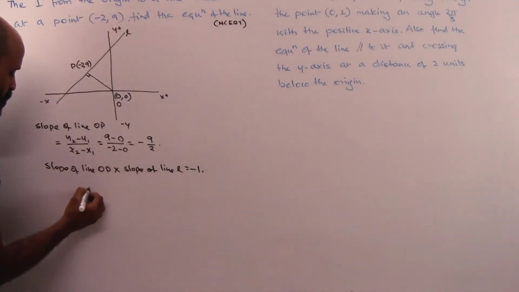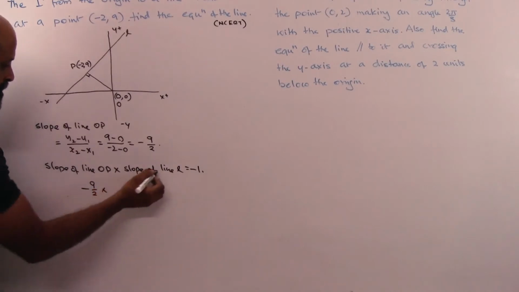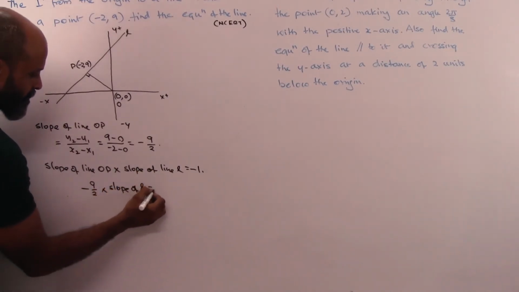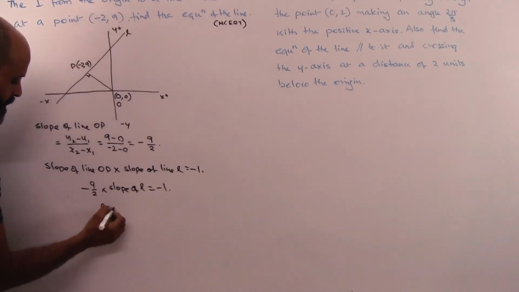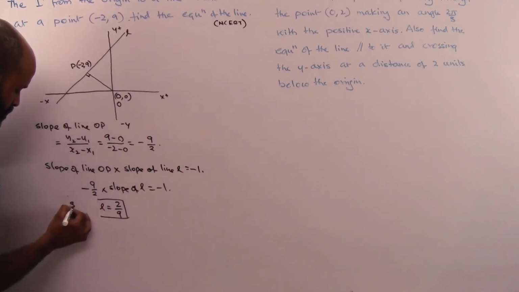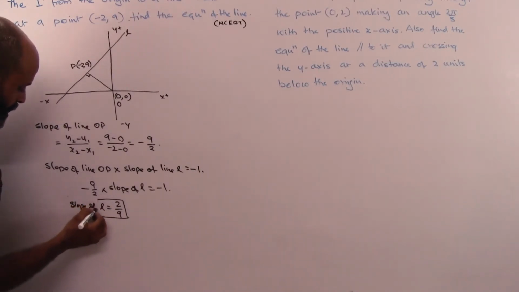So minus 9 by 2 into the slope of L will be equal to minus 1. So the slope of L will be equal to 2 by 9.